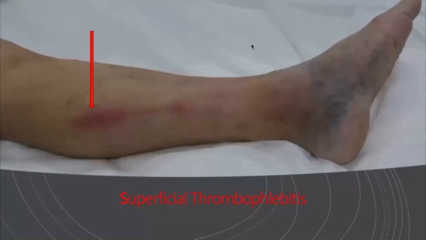So again, in the superficial vein, because when you have a blood clot in the deep vein, you won't actually see this line. This line is the vein. It's the superficial vein, and the reason you're seeing it is because it's superficial. The reason you're feeling the line is because it's filled with clot. It's swelling up that vein with clot, and the patient will feel this hard line in their leg, and they'll come in to the doctors.